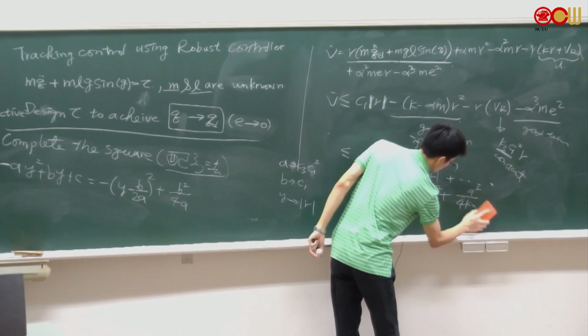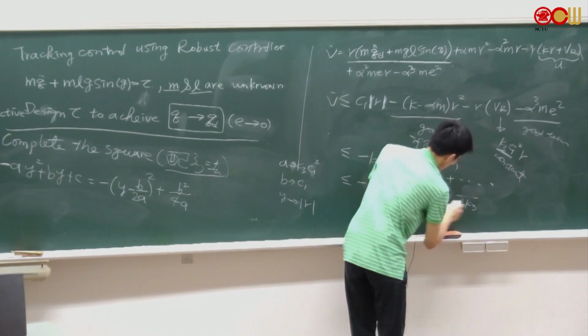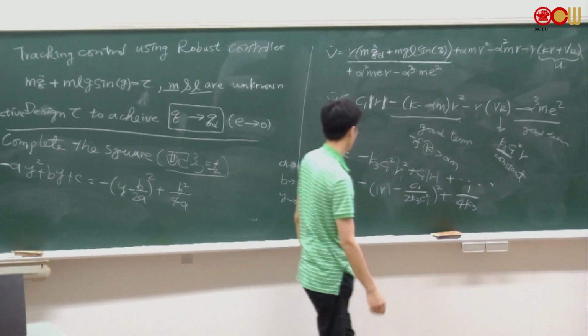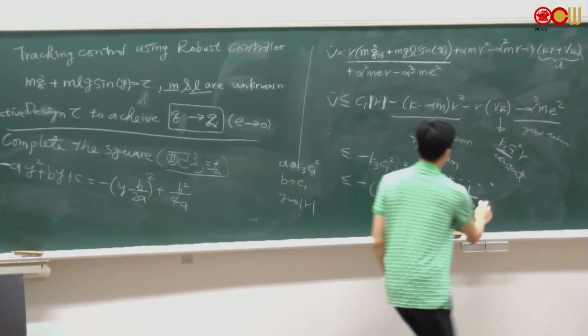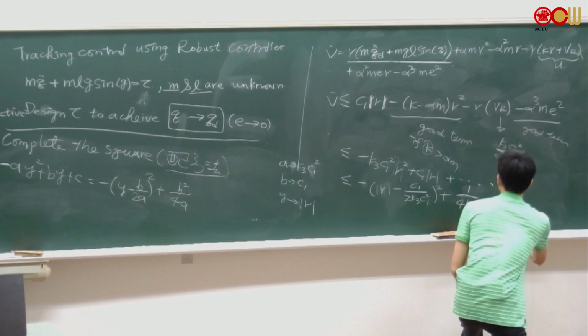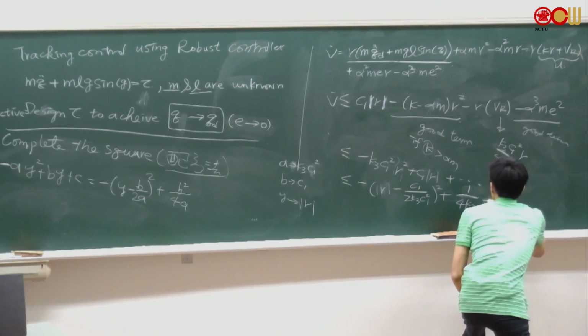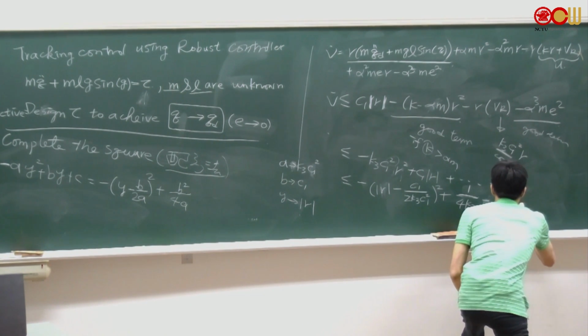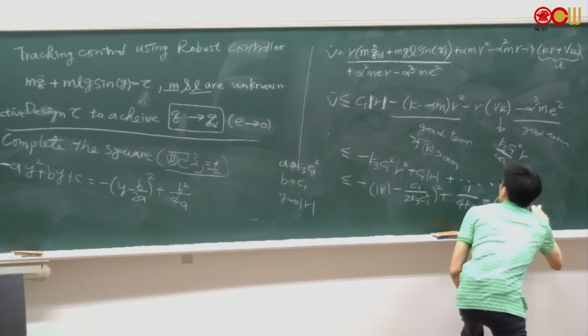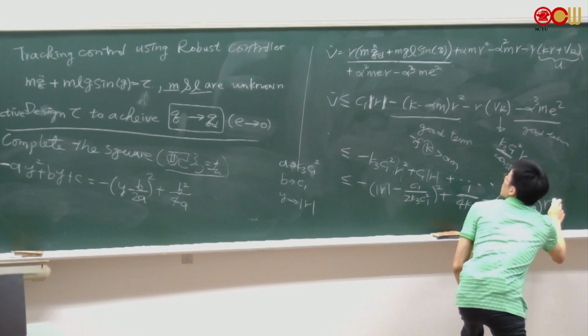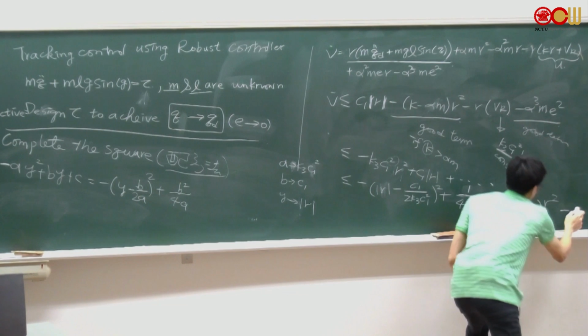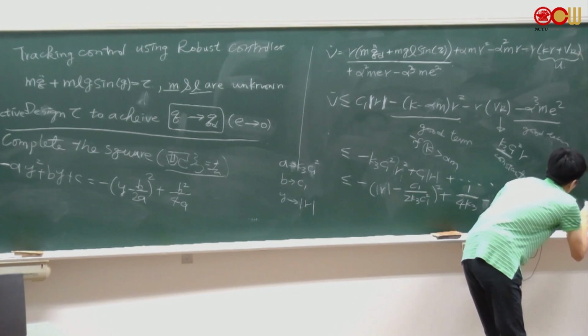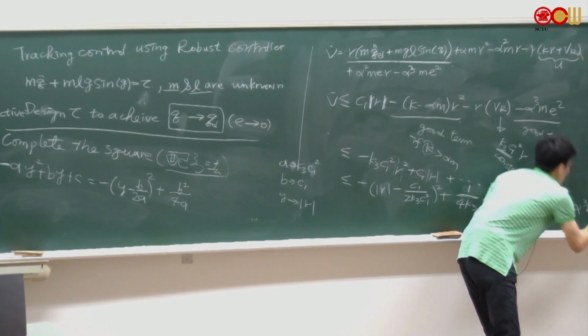So it cancels C1 squared, so it's 1 over 4 K3. And plus these two terms, minus K alpha M R squared, minus E squared. Okay?